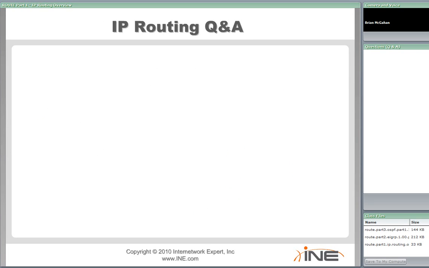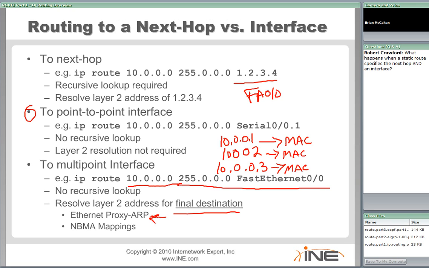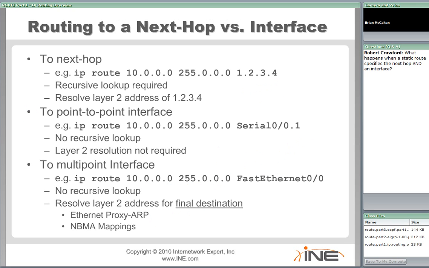Okay, this question: what happens when the static route goes to the next hop and the interface? Now, when the first option, pointing to the next hop, is used, it means we do need to do a recursive lookup. So we need to do another lookup to figure out what is the outgoing interface. When we point to the interface, we do not need the recursive lookup because we already know the interface.